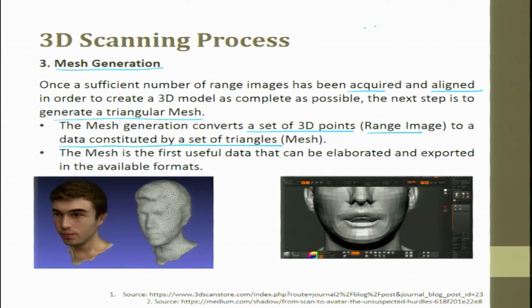So now what has happened? Earlier you had data points, now these data points are connected into a mesh, into several triangles. The mesh is the first useful data that can be elaborated and exported in the available formats. So the point cloud data is converted into mesh data, then this mesh data is exported for other use. So you can see a lot of meshes here.